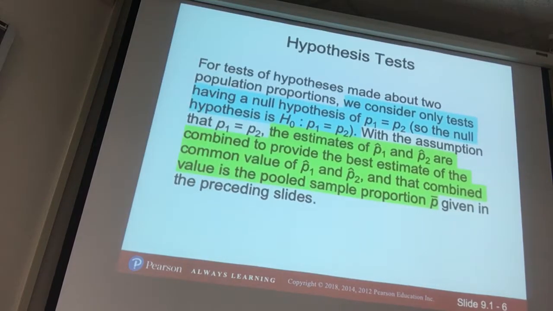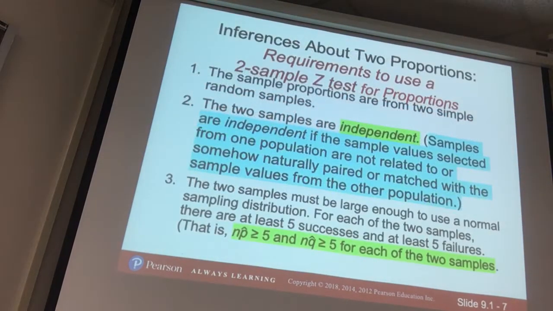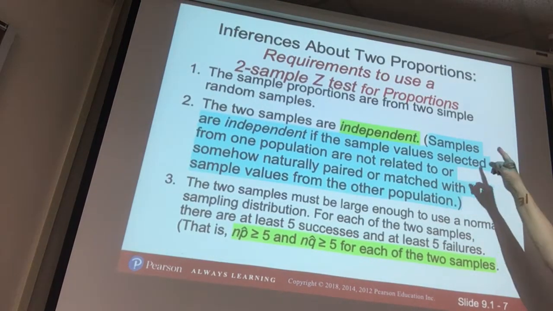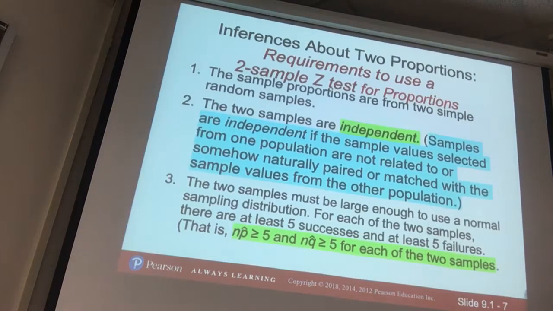All right, so now we're going to look here, and it says requirements to use a two-sample z-test for proportions. I'm trying to get you to see the big picture here. If you look under proportions in chapter 9, go all the way to the end of section 9.1, and before they give you the homework, remember your book always gives you this little technology blurb.